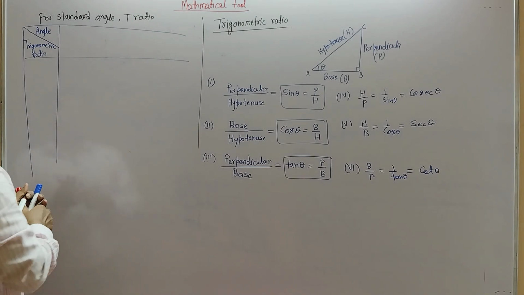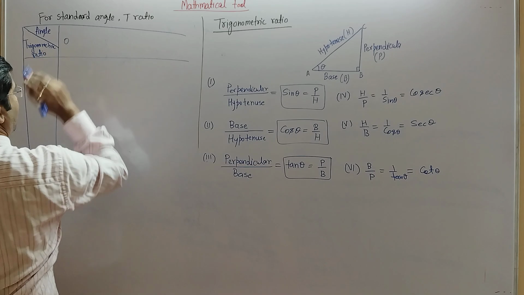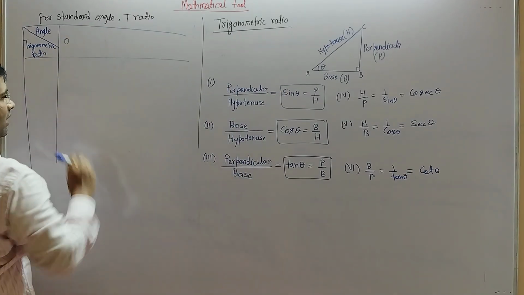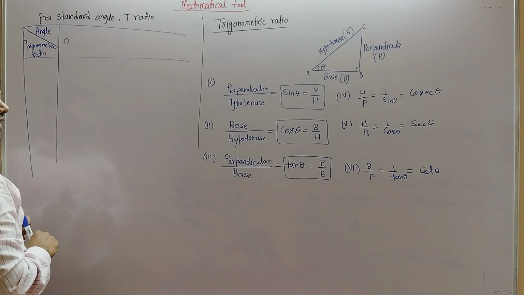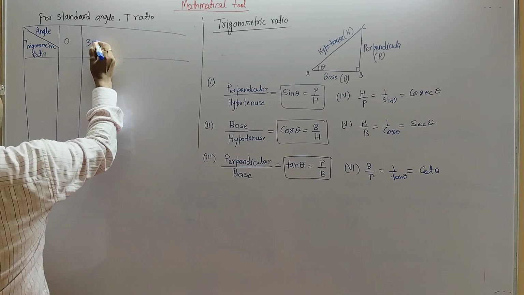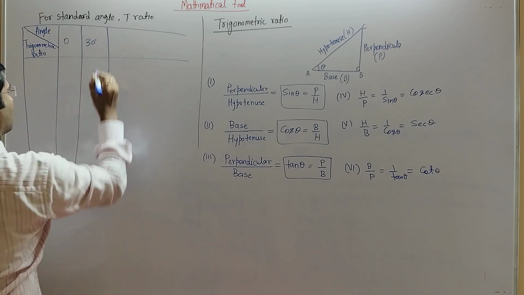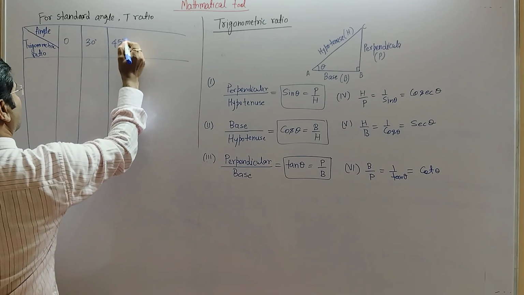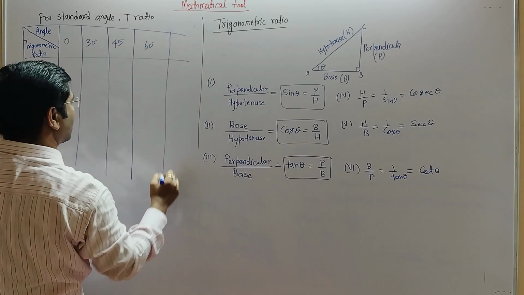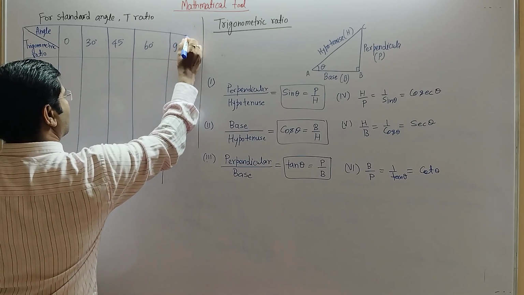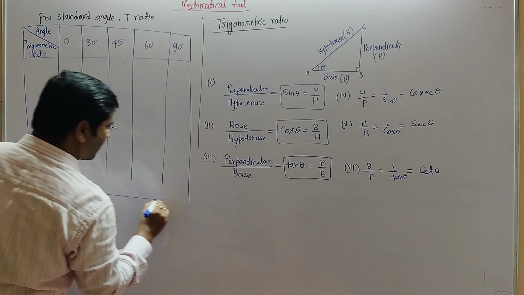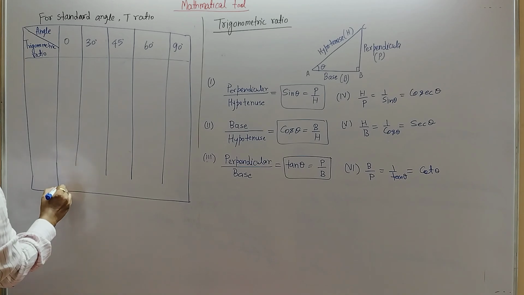Standard angle means, if the angle is 0, then what is the value of sin theta, cos theta, tan theta, cosec, sec, and cot. So this is standard angle 0, then the next one 30 degree, then 45 degree, then 60 degree, and last 90 degree. You already studied this in 10th class, but here once again we will revise it.